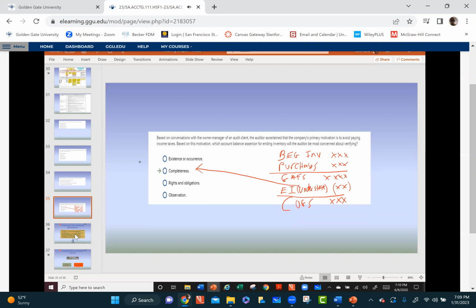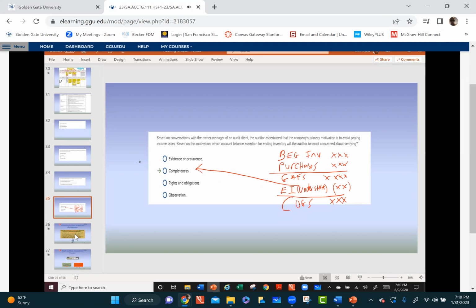So what happens if I understate my ending inventory, so I make my ending inventory less? That's going to have a smaller subtract from my goods available for sale, bringing up my cost of goods sold. If my cost of goods sold goes up, then my gross profit will come down, my net income will come down.